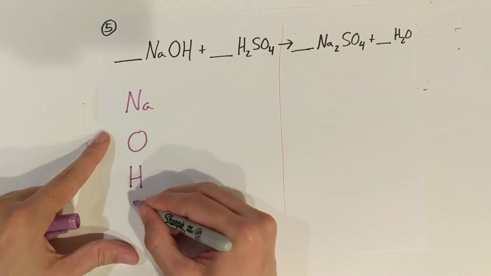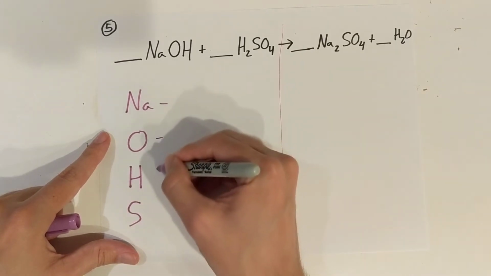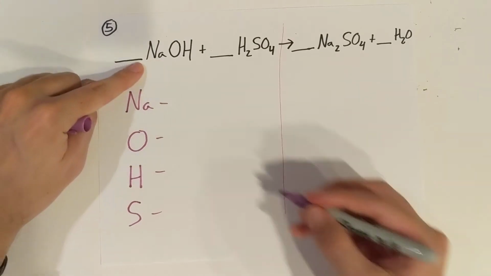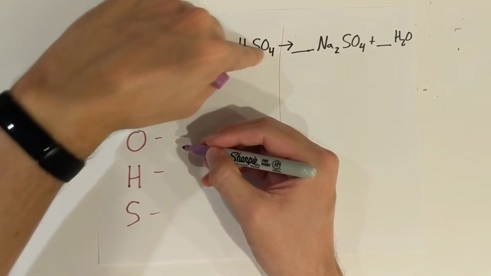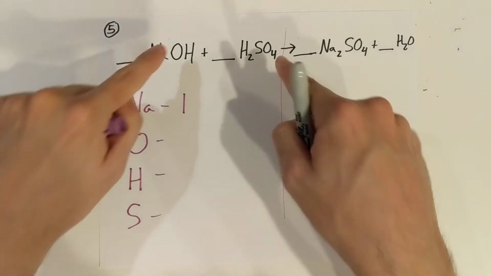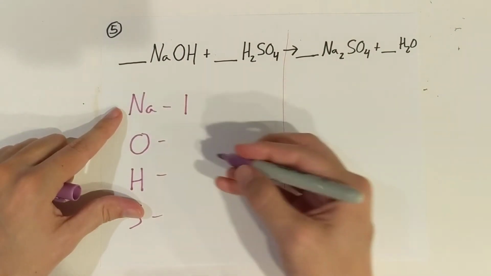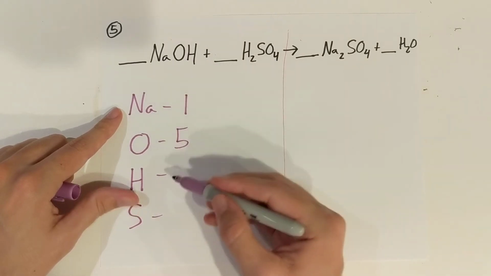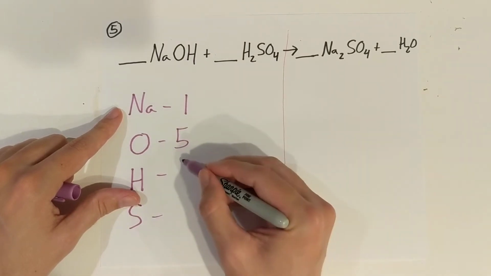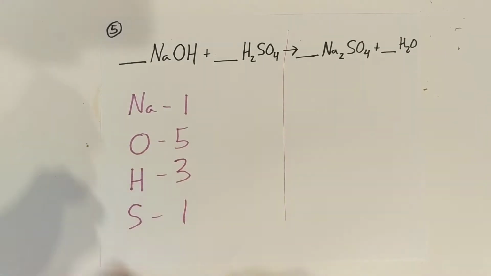And we got sulfur. So we got 1 sodium. Now to look at for oxygen, I gotta look at both my molecules there. So I got 5. Same with hydrogen. So I got 3 hydrogen and just 1 sulfur.